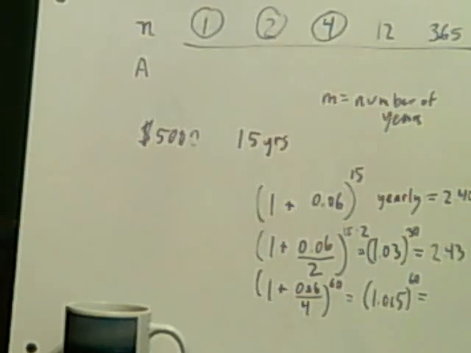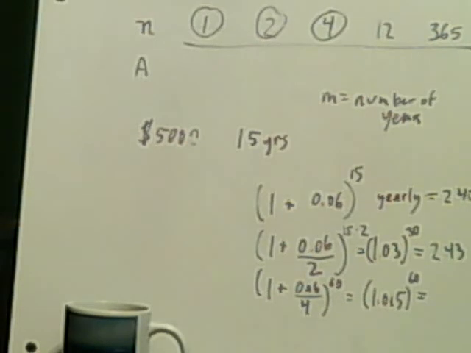Okay, so let's try that. 1.015 y to the x, 60. That's 2.443. Because what happens is it's going to approach a certain limit. It doesn't increase indefinitely. That's what's important here.